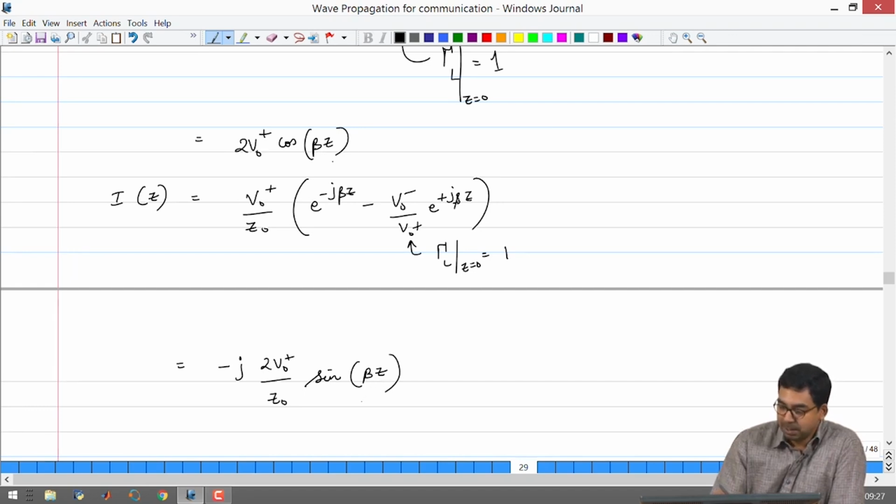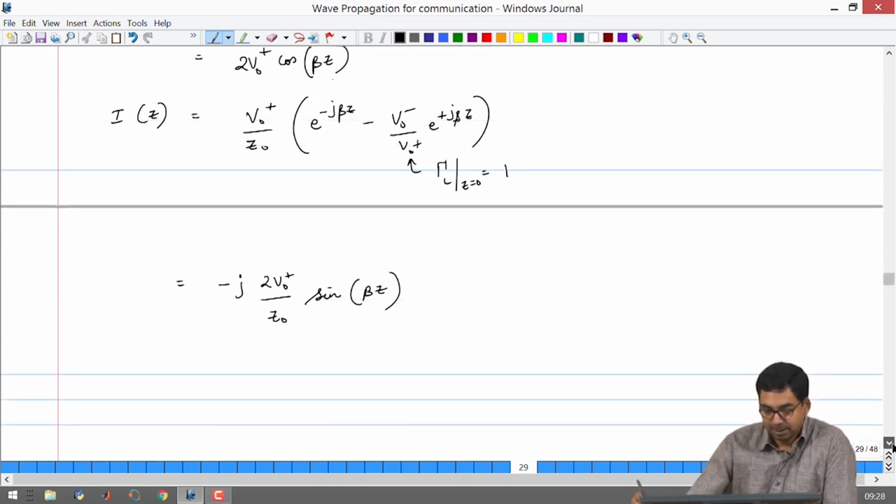So, there is a good possibility that at position z equal to 0, the denominator will become 0 and the impedance is going to look like infinity, but there is going to be another place where the numerator is 0. So, you will have the impedance equal to 0, etc. We need to be clear about what the distribution of impedance in the transmission line is, and we need to derive some meaning from it.